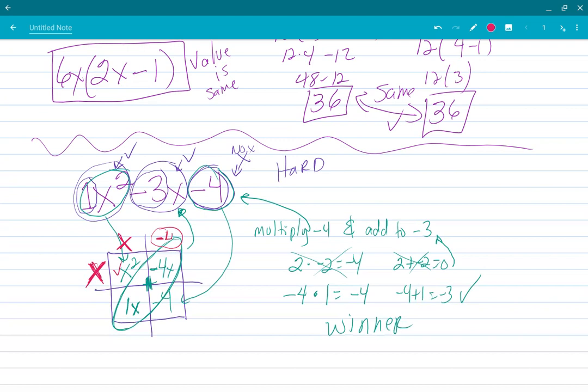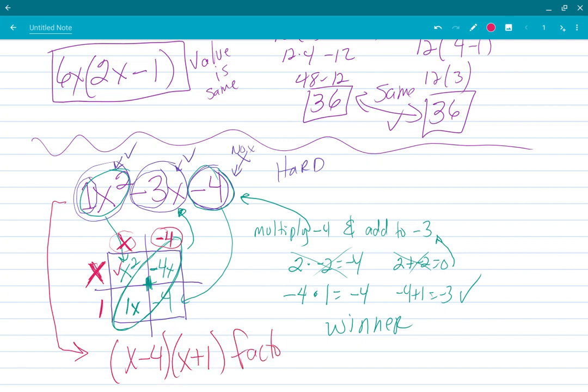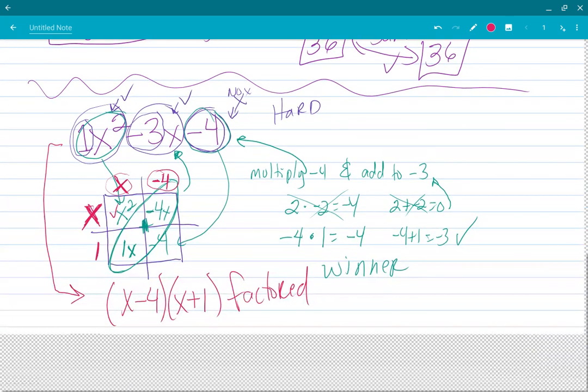Negative 4, right? And then x times 1 will give us 1x. So this gets factored into x minus 4 times x plus 1. By the way, what are the x-intercepts of this function if it was a function?